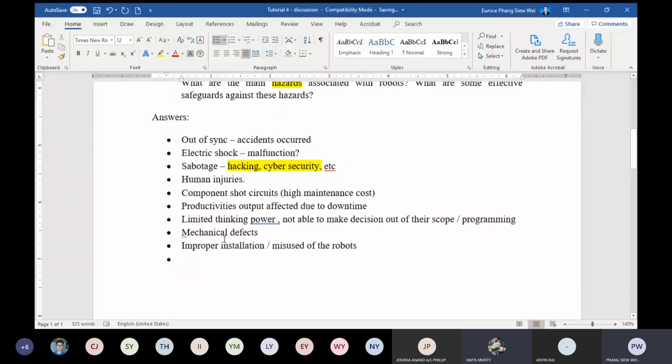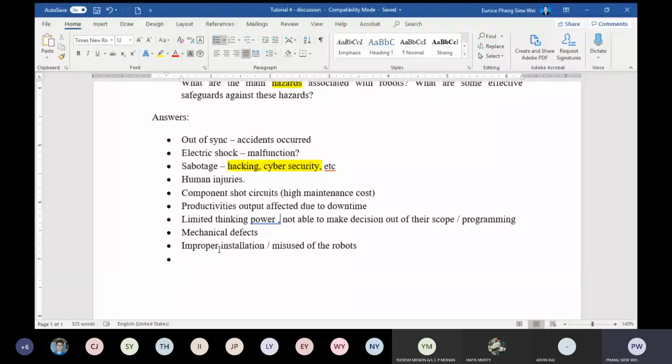Miss, is high cost considered a hazard? No, high cost is not a hazard. Improper installation, for example, will cause the robot to damage certain things. A hazard is where it can cause damage to humans, to your products, to the environment, or put a dent in your management's plans.